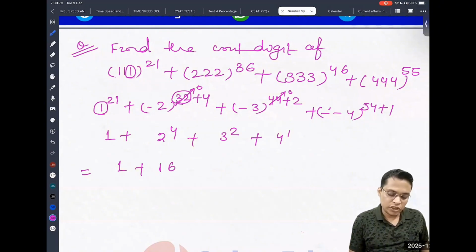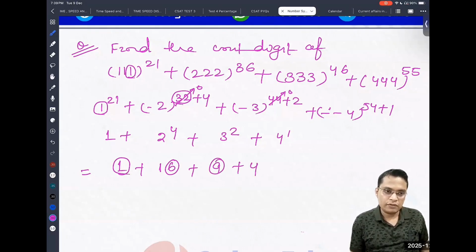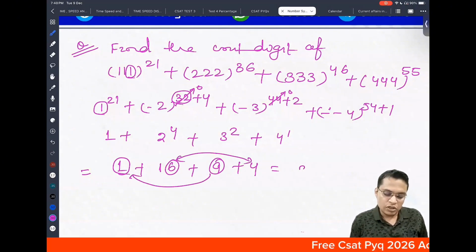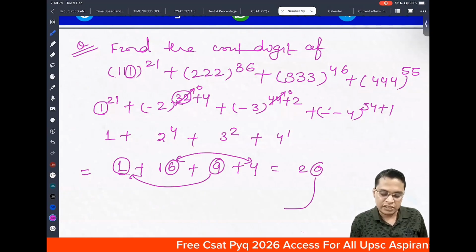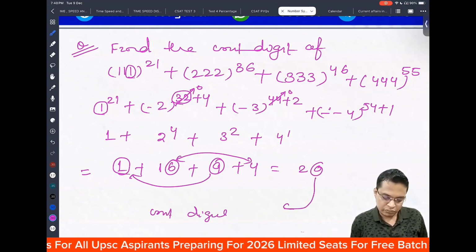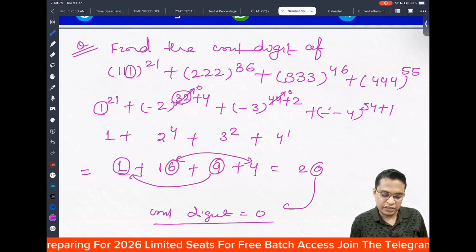So we are not concerned about this value. We are only concerned about the unit digit. Plus 3 square is 9. And 4. So if you add, you will get the unit digit. I am only concerned about unit digit. My concern is not any other value. So 9 plus 1, so it is 20. So unit digit is 0.